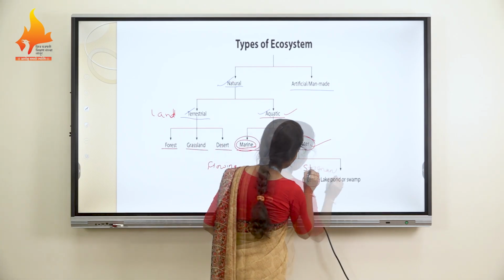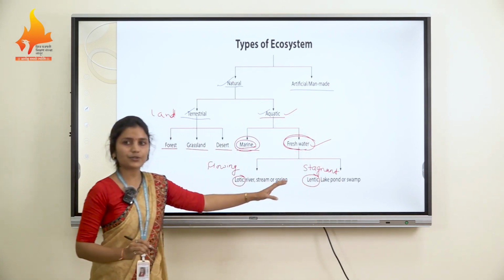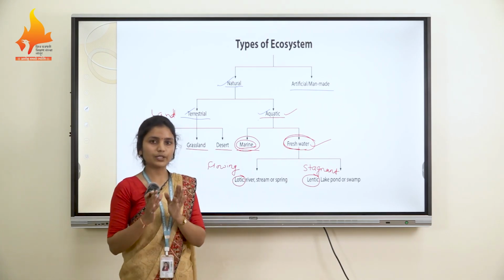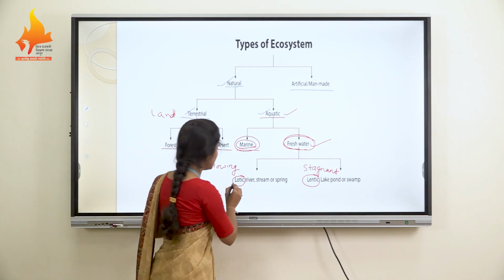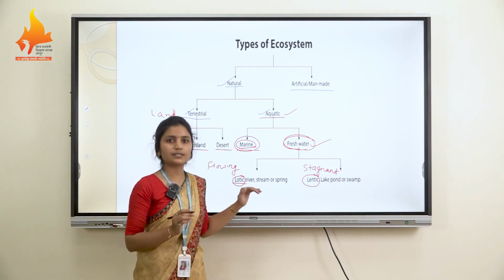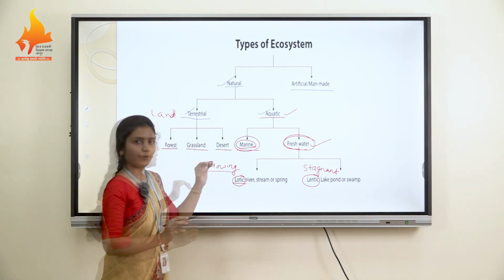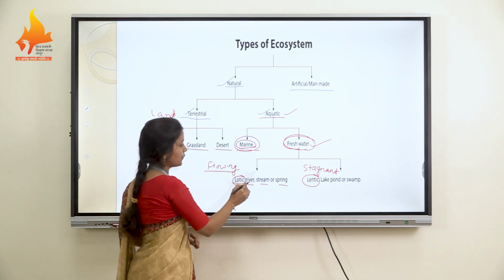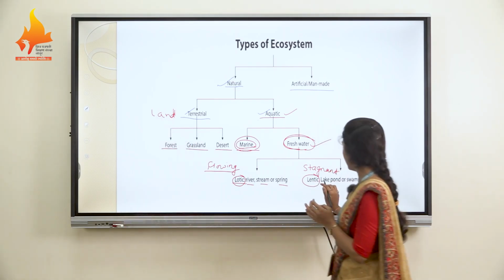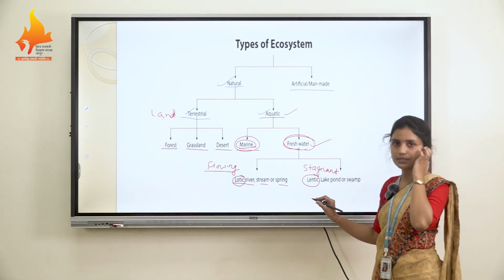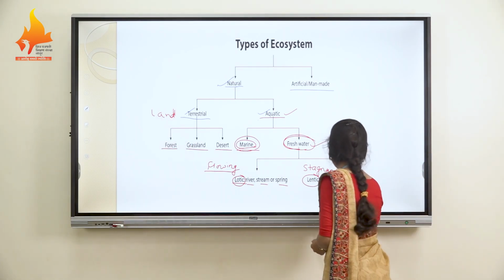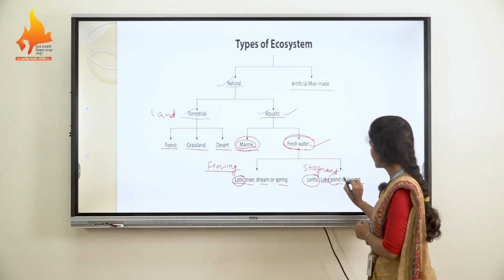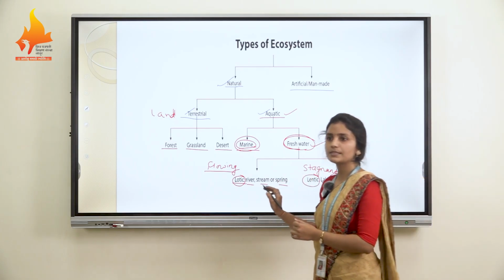The stagnant water is called lentic water. The ecosystem present in lotic water is called the lotic water ecosystem, for example river, stream or spring. An example of lentic or stagnant water is lake, pond or swamp. That water is called lentic water, meaning stagnant water.